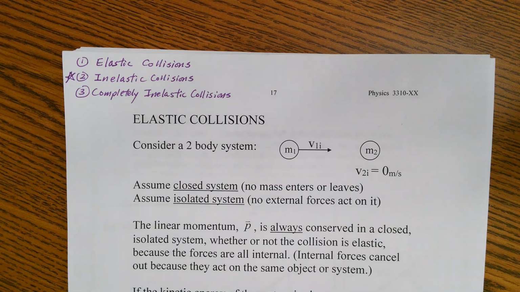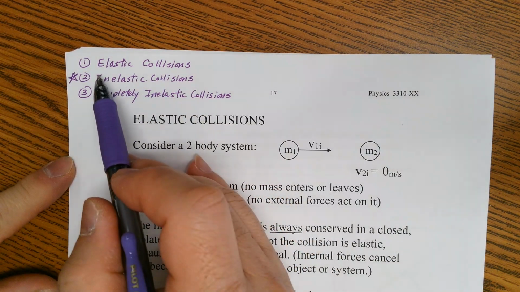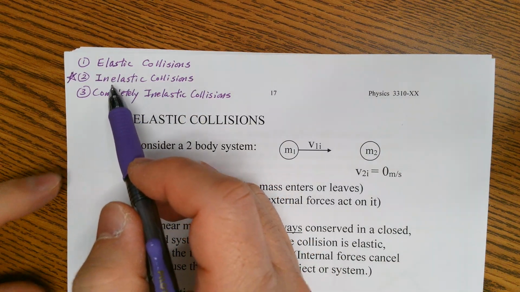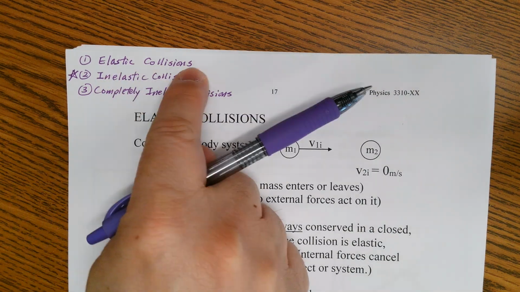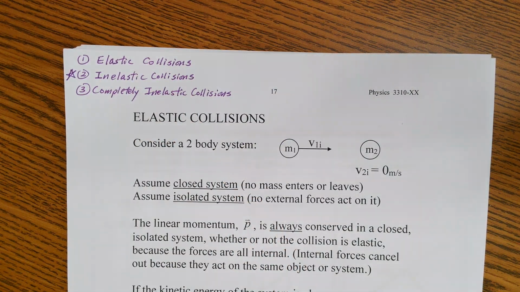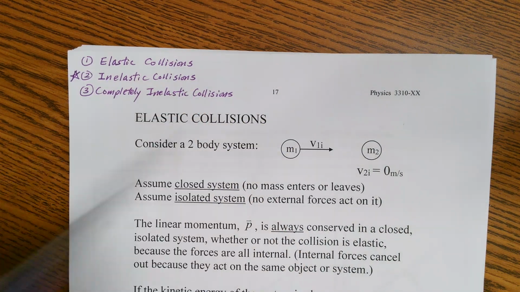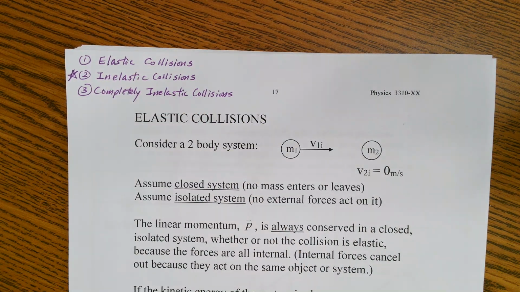Certain other collisions like billiard balls or marbles behave as elastic collisions, but not perfectly elastic. Inelastic collisions pretty much happen all the time in human scale.